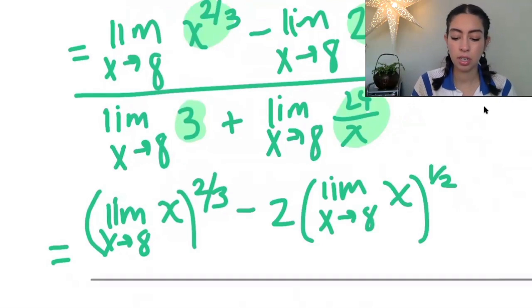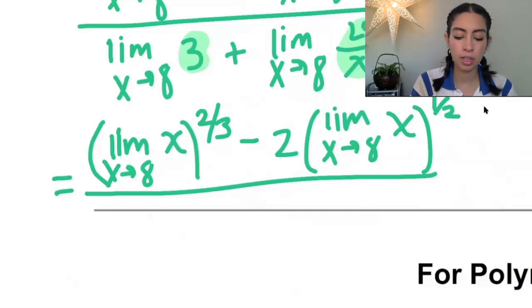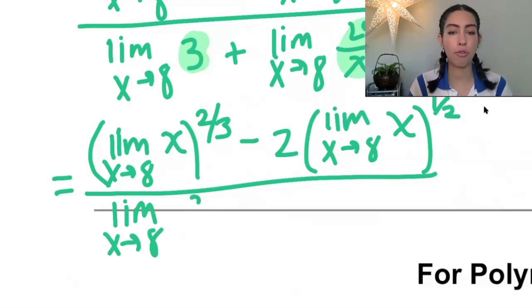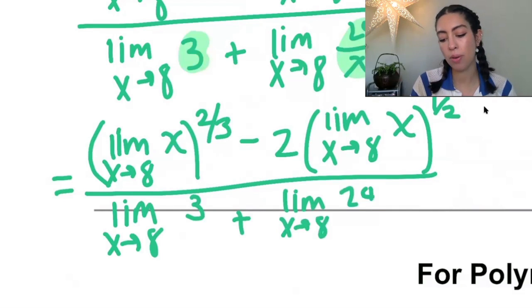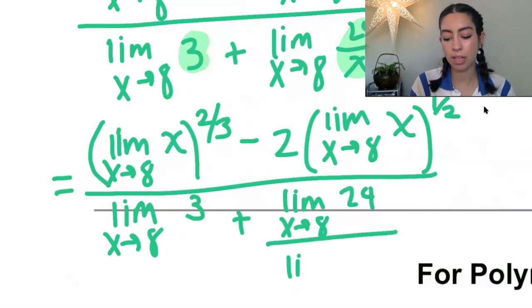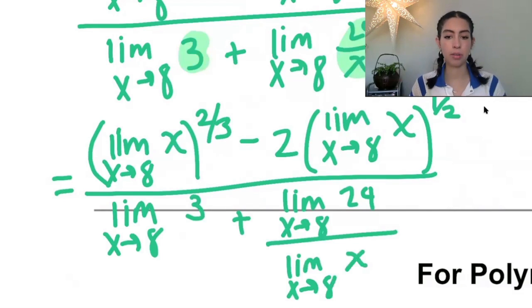And at the bottom here, the limit as x approaches 8 of 3 needs no further simplification other than actually finding the limit. And then we have the limit as x approaches 8 of 24, and we can divide that by the limit as x approaches 8 of x.